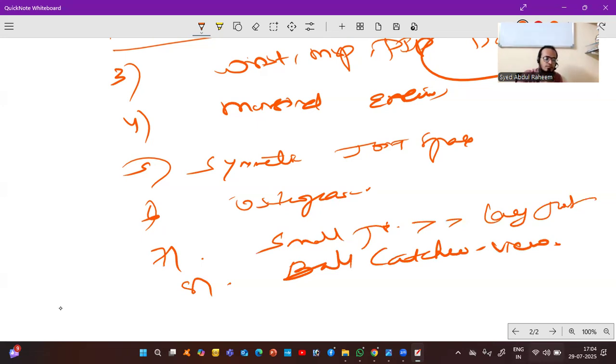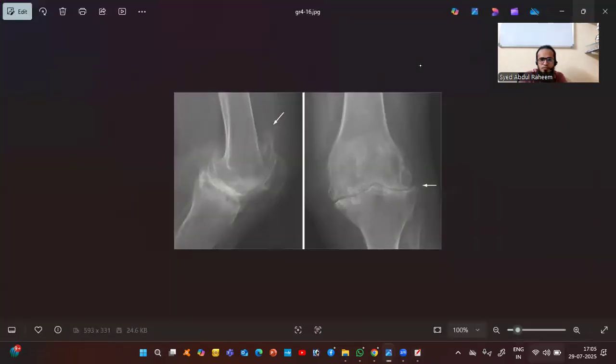It will also affect the hip joint gradually. It also affects the knee. You can see in this image how the knee is involved. You can see the narrowing of the joint space.